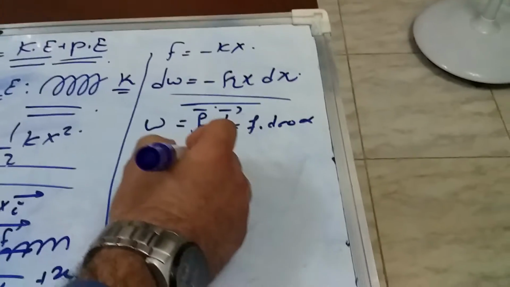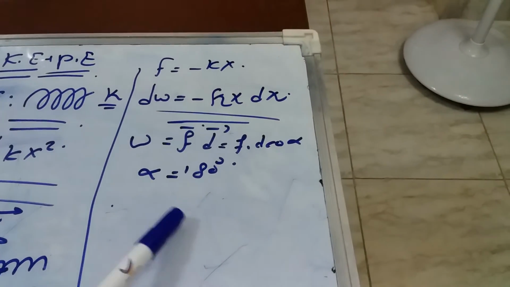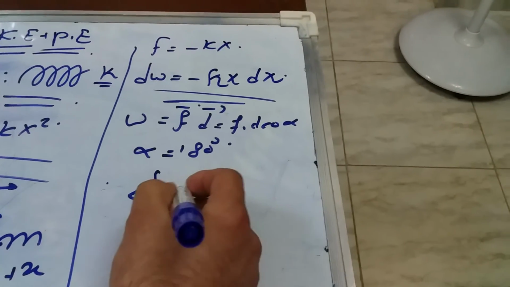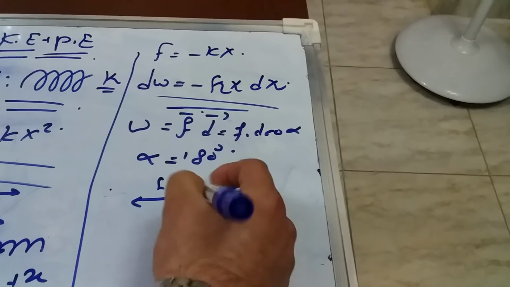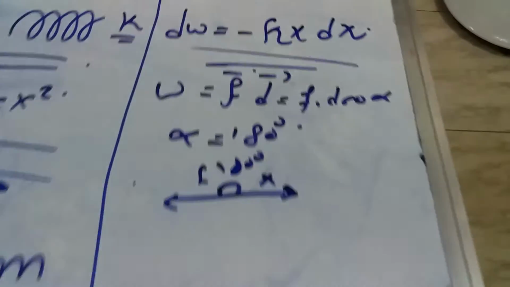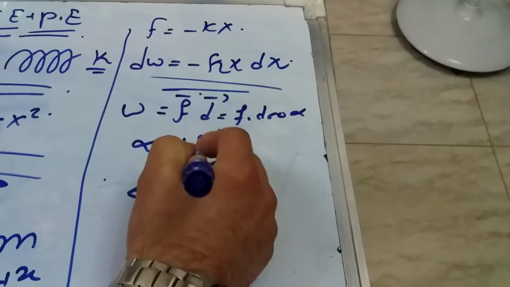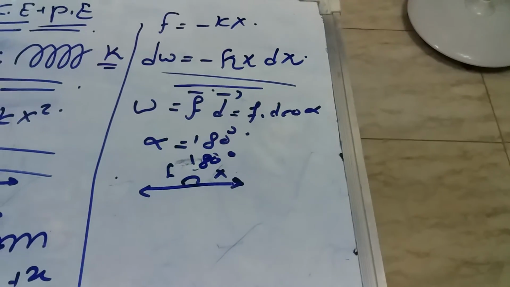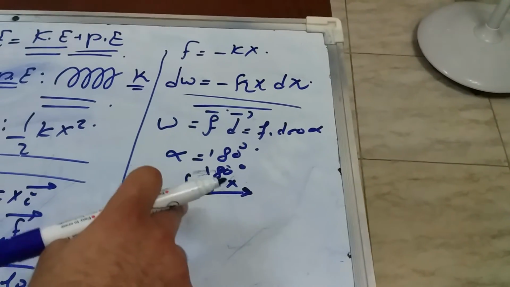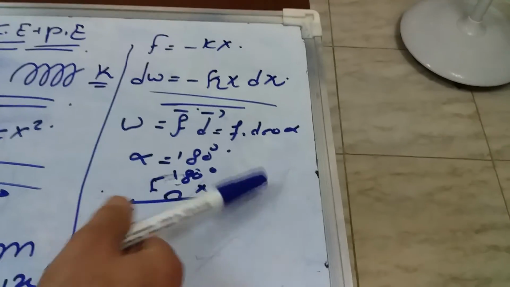Here alpha is equal to 180 degrees because the angle between the force tension and the displacement x is 180 degrees.